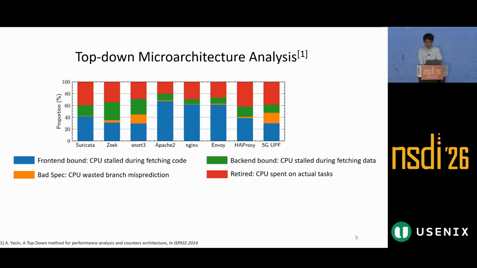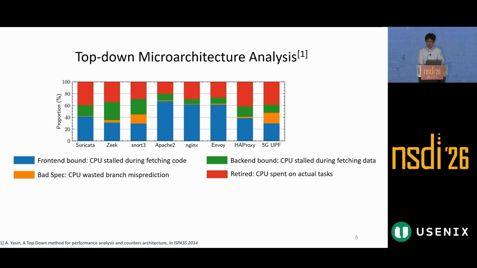Further profiling characterized the application performance based on top-down microarchitecture analysis. Such analysis tracks the CPU cycles and categorizes them into four kinds: front-end, back-end, or bad speculation bounds, where the CPU time is wasted during fetching code, data, or on branch misprediction.